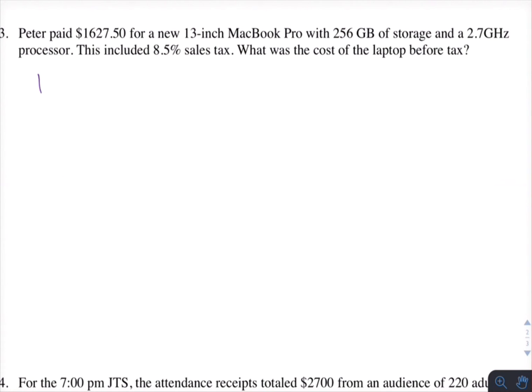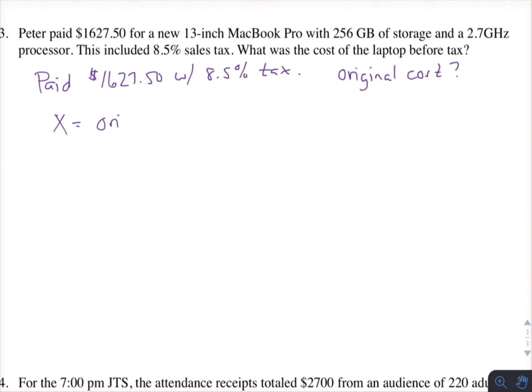So to summarize this one, paid $1627.50 with 8.5% tax. We want to know the original cost. So x is going to equal the original cost.